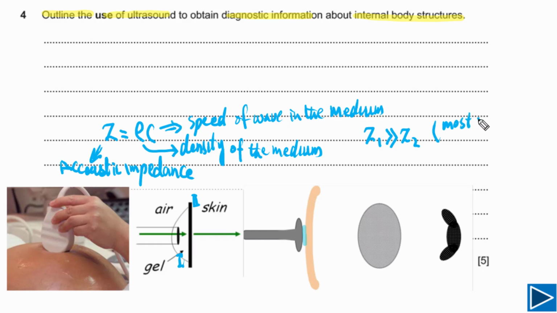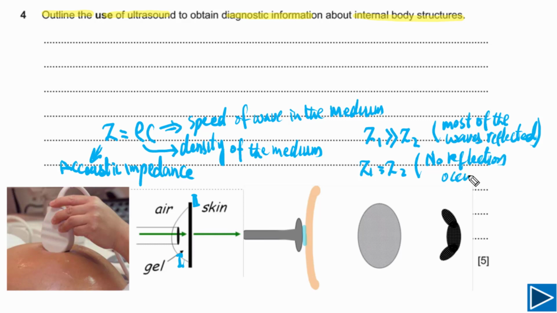So most of the waves are reflected if there is a big difference between the acoustic impedance of the 2 media. If Z1 is equal to Z2, no reflection occurs if the 2 media have the same acoustic impedance.